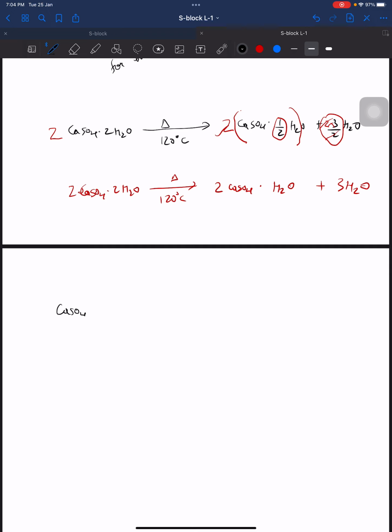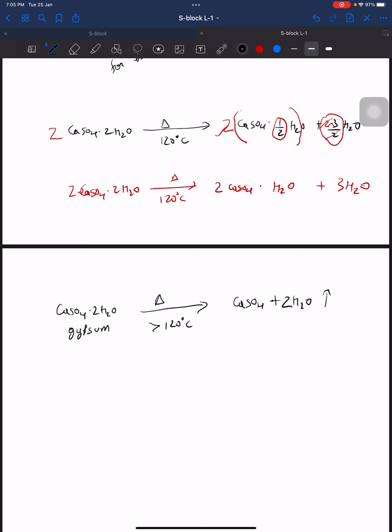If we heat this gypsum, CaSO4.2H2O, beyond 120 degrees centigrade, more than 120 degrees centigrade, it releases all the water of crystallization.